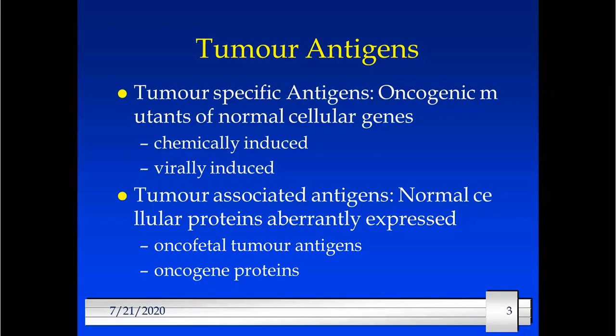All of these are regarded as tumor associated antigens because they are overexpressed. They are normal cellular products that are overexpressed. We'll talk in more detail about the tumor antigens and tumor markers during the laboratory part.